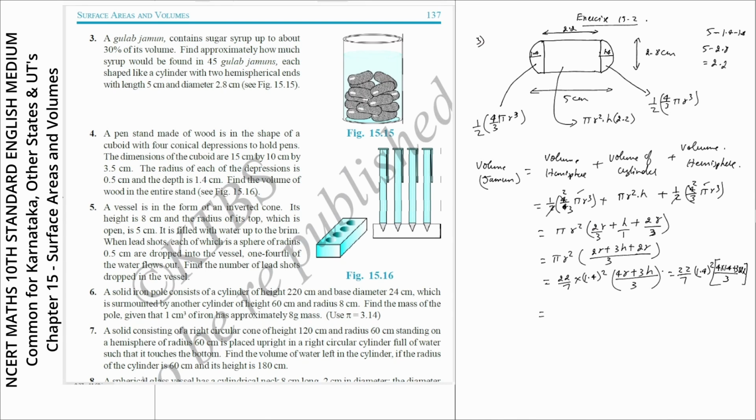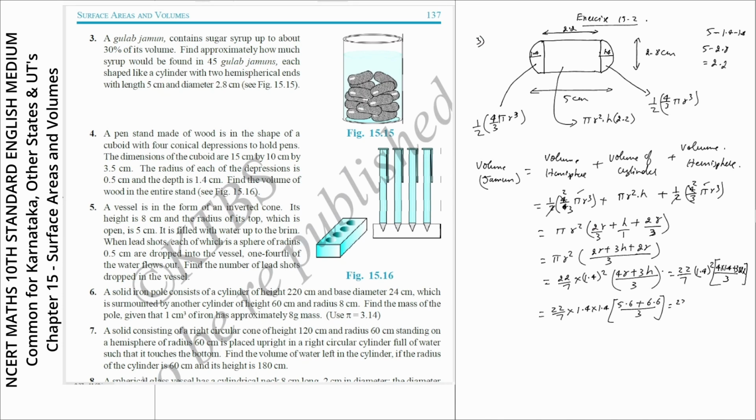So now this is equal to 22 by 7 into 1.4 into 1.4 into, now 4 into 1.4 I'll get 5.6 plus 3 into 2.2 I'll get 6.6 by 3.